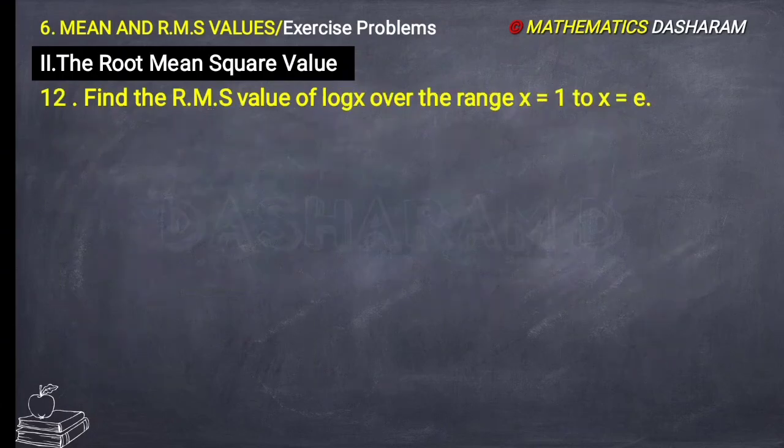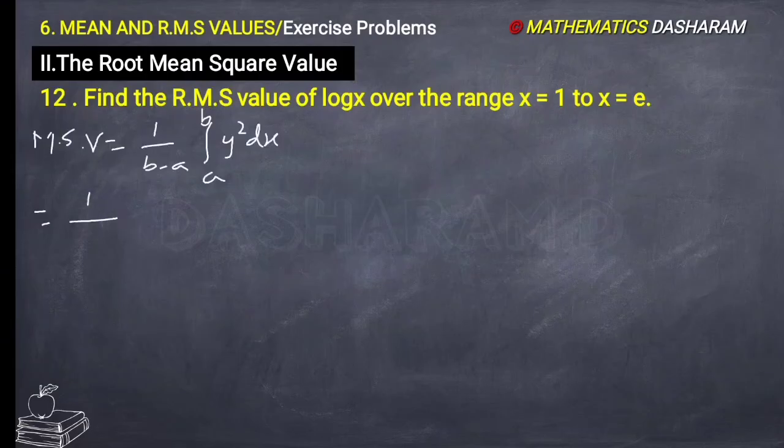12th question, find the RMS value of log x over the range x equals 1 to x equals e. So 1 by b minus a, that is 1 by e minus 1, integration 1 to e of y square, that means (log x) whole square dx.